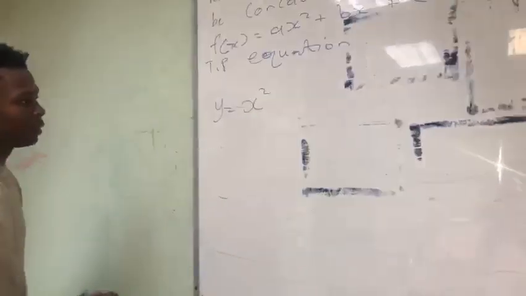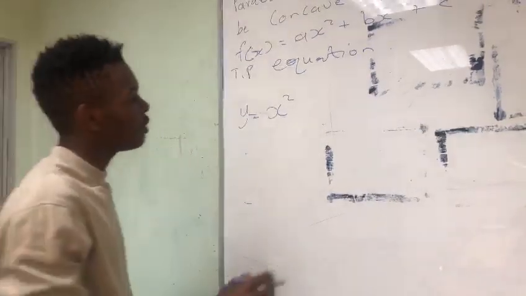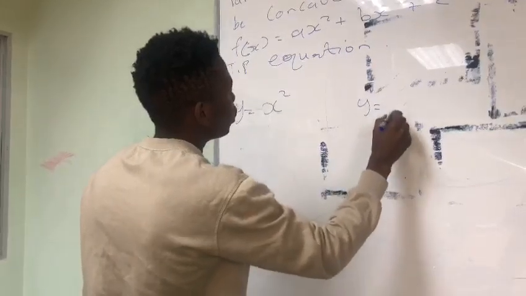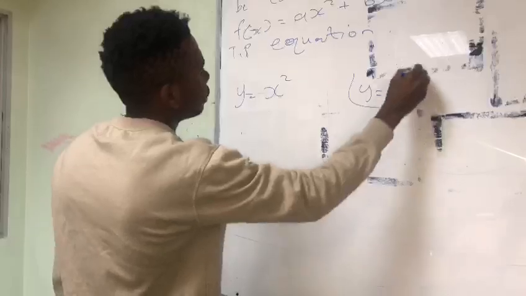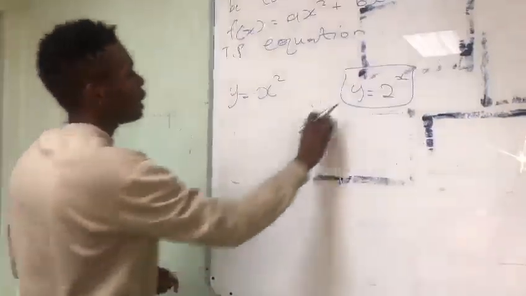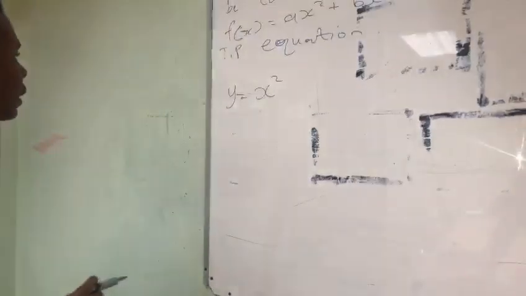Ne? This one is a parabolic equation. If they give you maybe y is equal to 2 to the power x, this one is exponential, so know the difference, right?